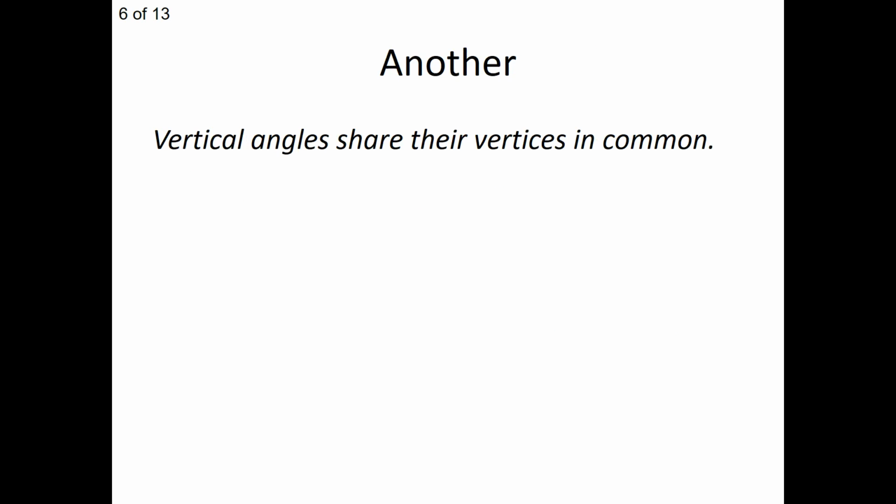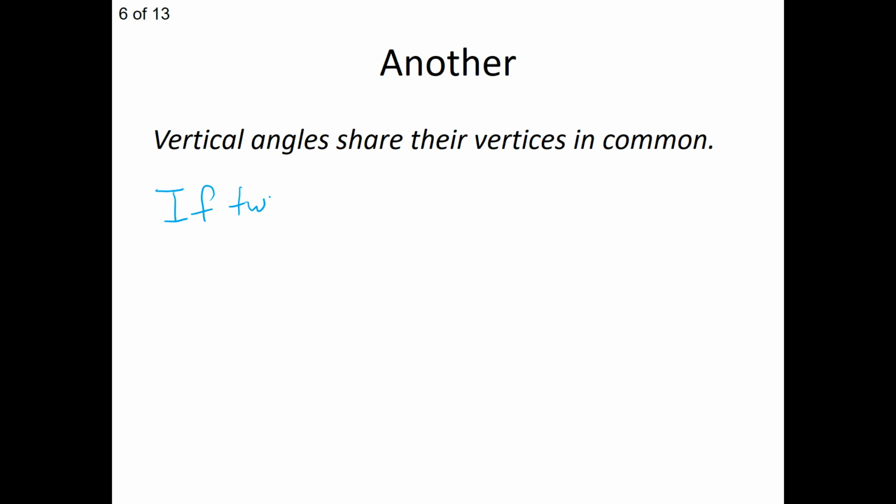Let's practice that. So we have a statement here. Vertical angles share their vertices in common. I don't see the word if, I don't see the word then, but I could change this into an if-then statement. Now, when I do this, I'm going to have to change some of the vocabulary words around so that my sentence reads well. Let's try this.